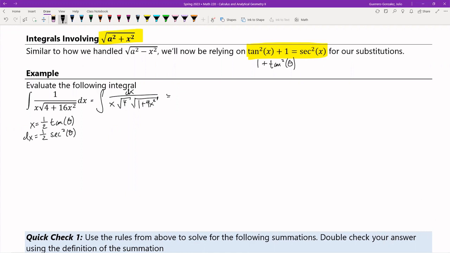That's 2, so there's going to be a 1/2 sitting outside times the integral of 1 over, I'll do the dx in a little bit, the x, which is 1/2 tangent theta, times the square root of 1 plus 4 times 1/2 tangent theta squared.